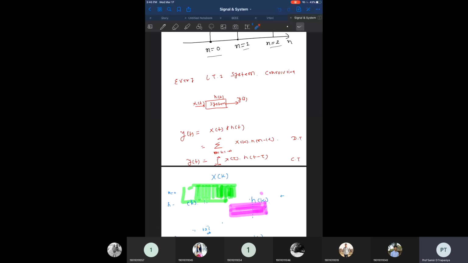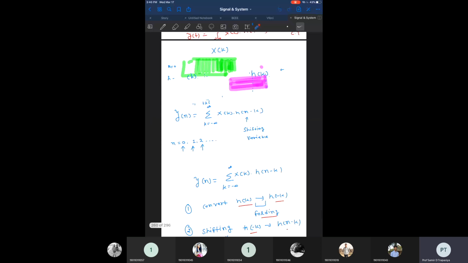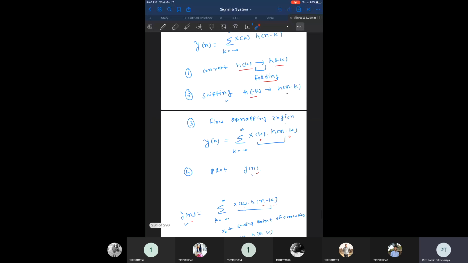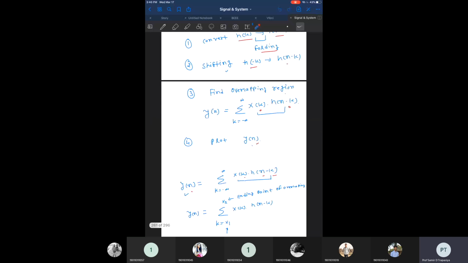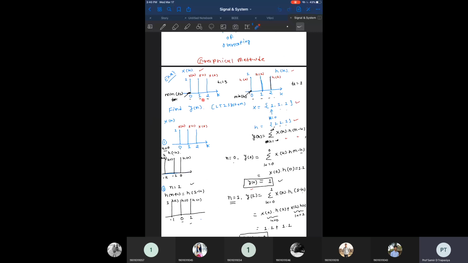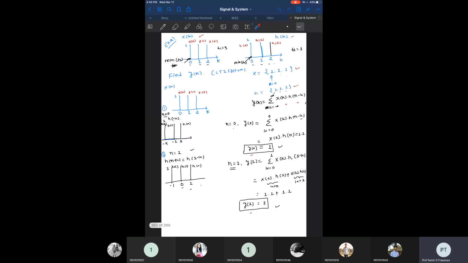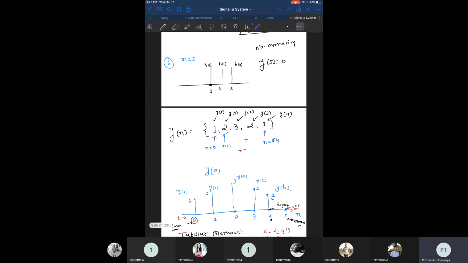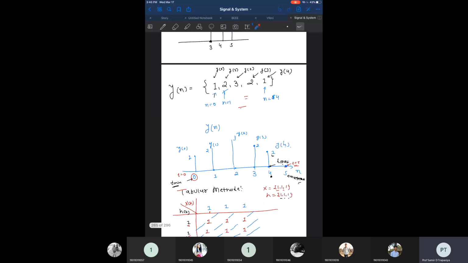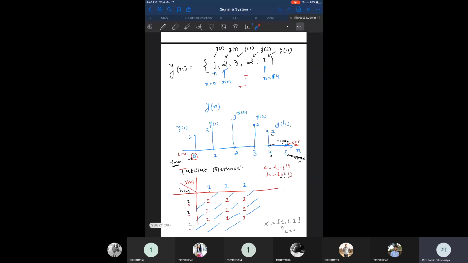This part is already discussed, and we have even taken one more example in which, rather than the graphical method, there is another equally powerful method, known as the tabular method. In the tabular method, we arrange x of k in ascending order in a row, starting from k equal to 0, 1 and 2.